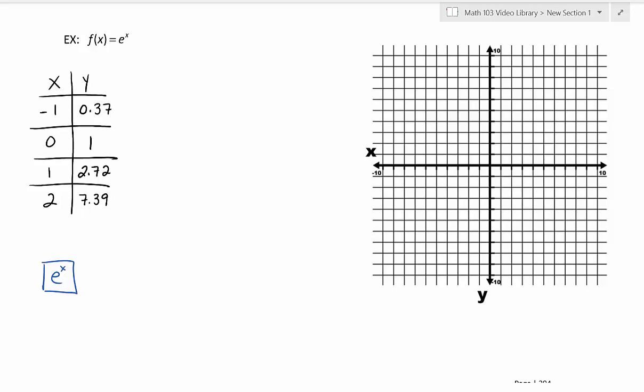Now we're just going to have to estimate when plotting these points since we have a bunch of decimals. So that's (-1, 0.37), (0, 1), (1, 2.72), and (2, 7.39).